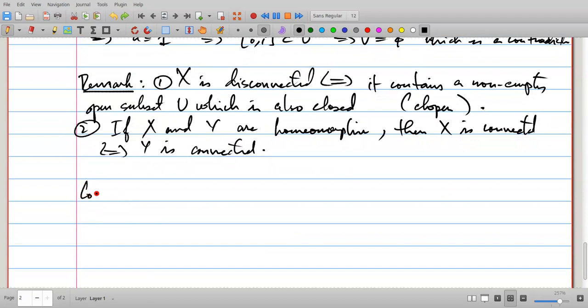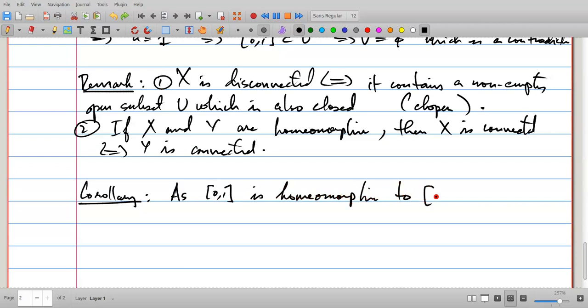So as a corollary of this second remark, we see that as [0,1] is homeomorphic to the closed interval [a,b], where a is strictly less than b are in R, it follows that these finite intervals are connected.